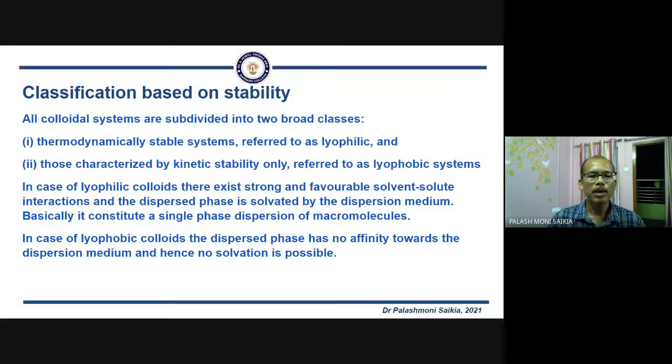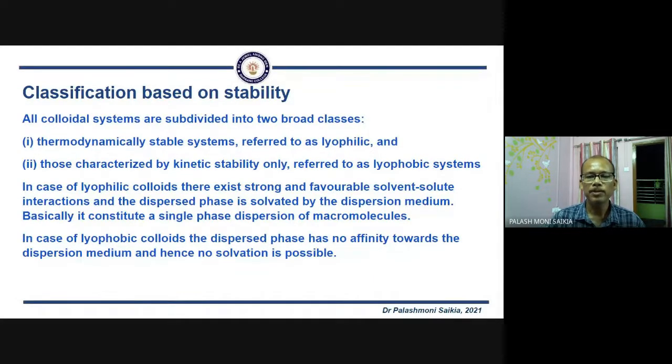So in case of lyophilic colloids, what actually happens? The solvent-solute interaction between the dispersed phase and the medium is quite high, and that is their basic criterion. Lyophilic: the medium and the phase have strong affinity. As a result, the dispersed phase is highly solvated by the dispersion medium.